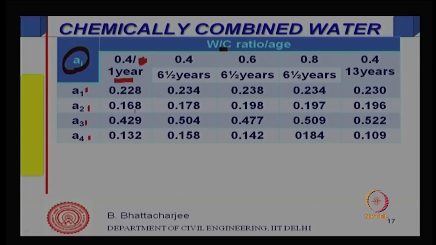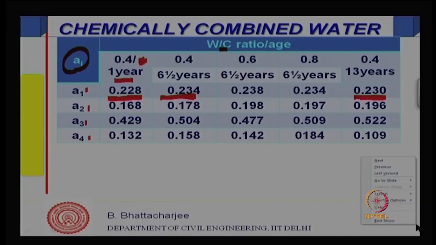In 1 year it was observed that 1 gram of C3S consumes around 0.228 grams of water for 0.4 water cement ratio. In 6.5 years this becomes 0.234, and in 13 years this became 0.230.